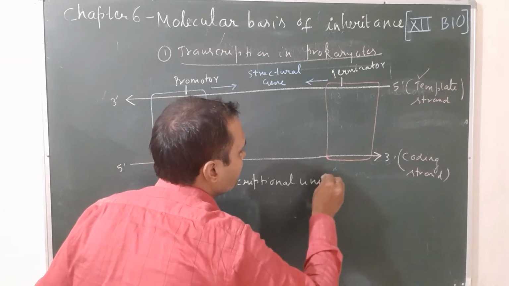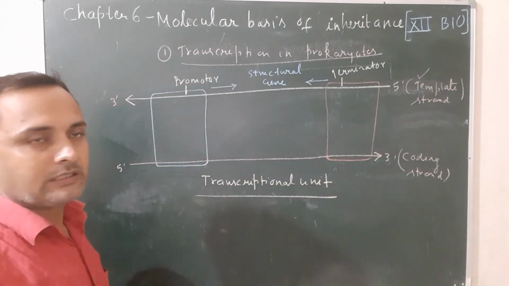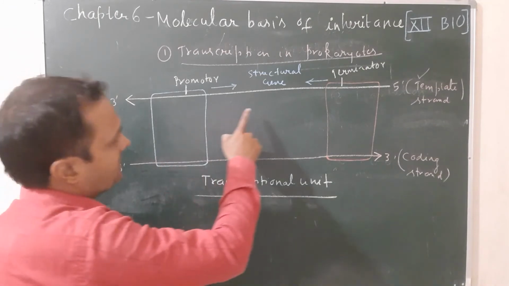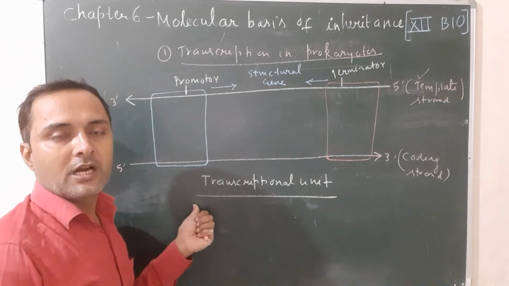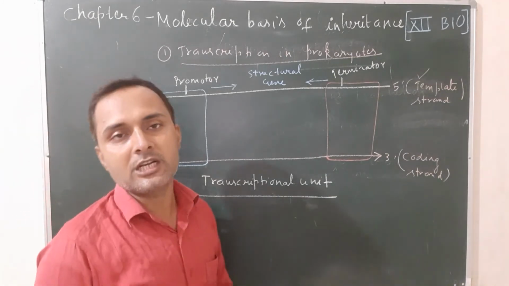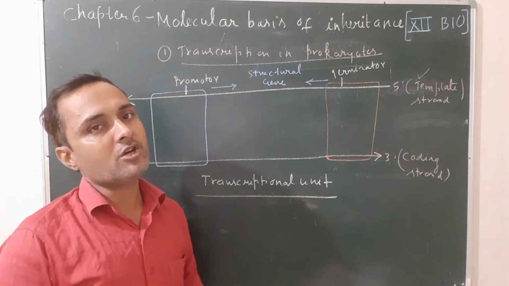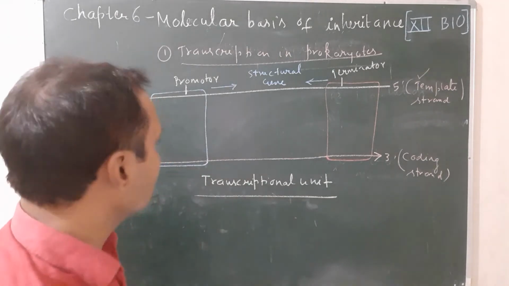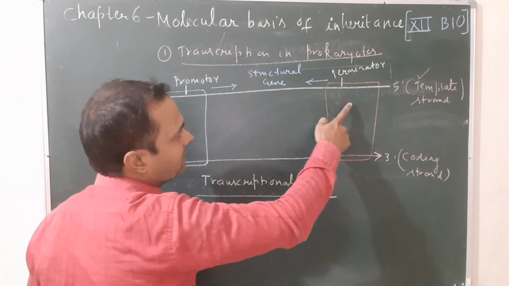So what is a transcriptional unit? A segment of DNA that consists of three parts, a promoter, a structural gene and a terminator, is known as a transcriptional unit. Or you can say a segment of DNA that takes part in transcription. There are three components: first the promoter, second the structural gene and third the terminator.